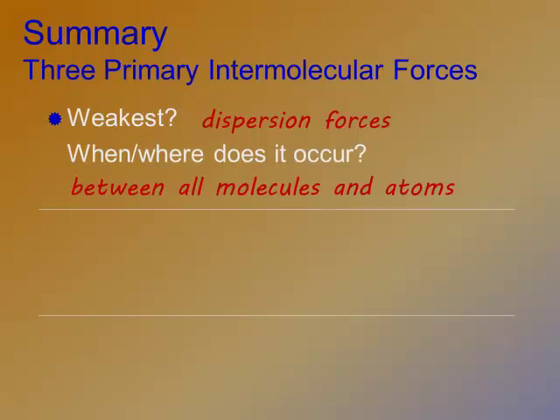That's all of them, by the way. A common misconception is that dispersion forces only exist between nonpolar particles. That's wrong. Dispersion forces, it's true, are the only IMFs possible for nonpolar particles. But all molecules and atoms exhibit dispersion forces between one another. Anything with electrons will have dispersion forces.